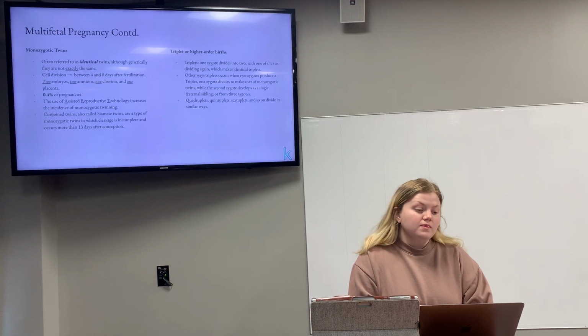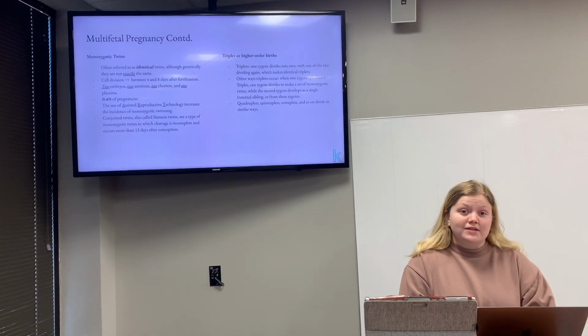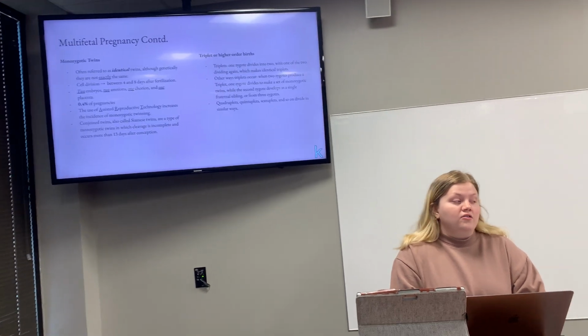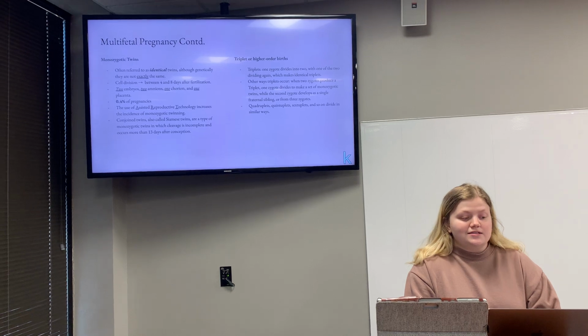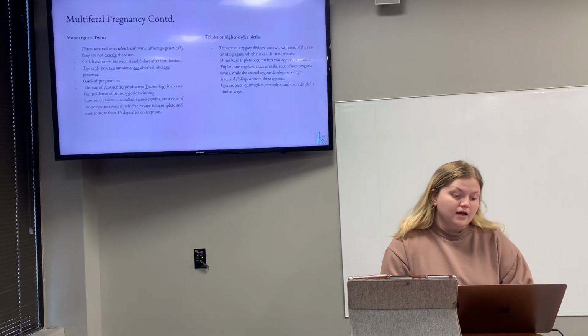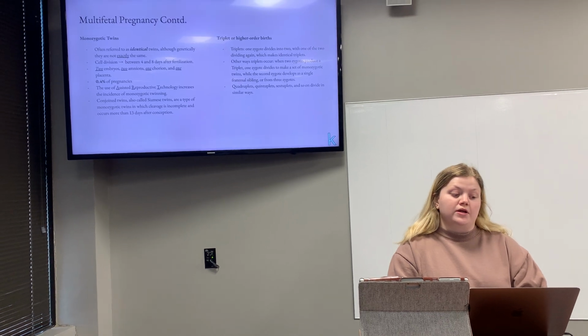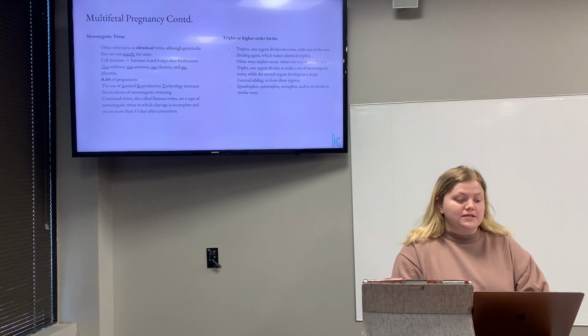And then you have the monozygotic twins. Those are the identical twins. Although they are identical, it doesn't mean that their genetics are exactly the same. Cell division is between 4 to 8 days after fertilization. There are 2 embryos, 2 amnions, 1 chorion, and 1 placenta.